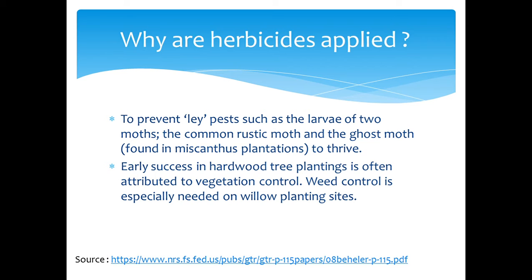Such moths cause a very large damage to the plantation, and their impacts are often very huge for the producer. Also, in case of hardwood replantings, vegetation control is a major aspect of cultivation. Therefore, weed control becomes especially necessary while willow planting.